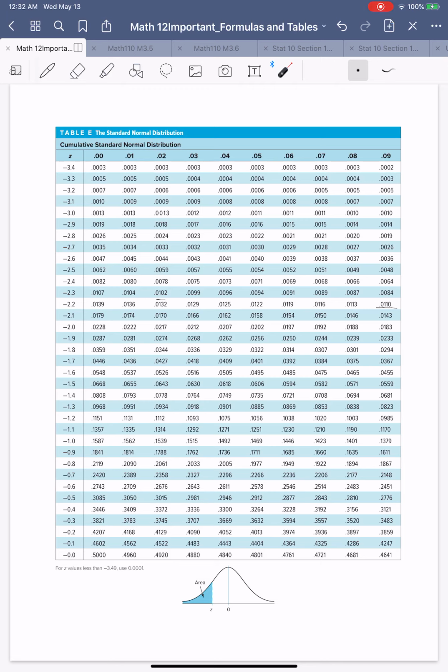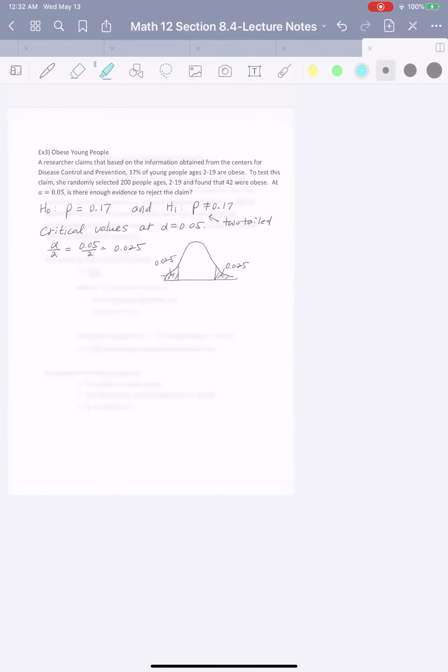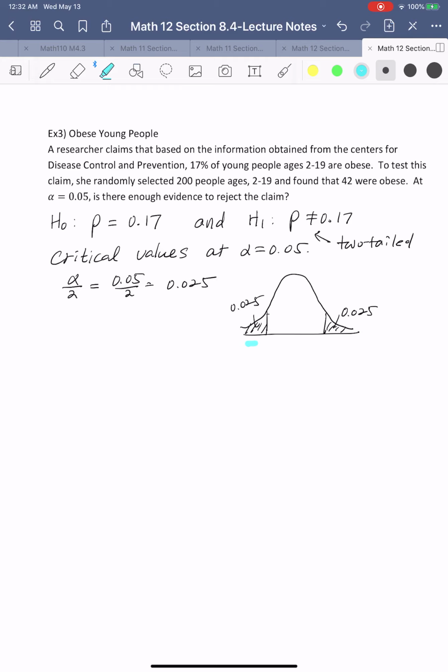Right here, we got it. So the z-scores are negative 1.96 and positive 1.96.